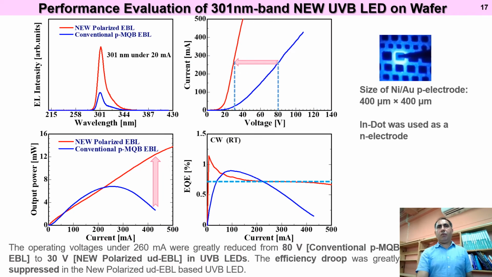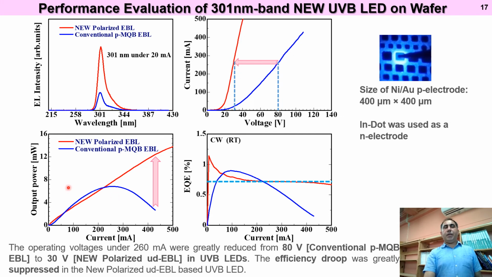Next, we fabricated the LED device on bare wafer, where we used an indium dot as an electrode and nickel gold as the p-electrode, with a size of 400 by 400 micrometer square, and the real device is shown here. The electroluminescence spectral intensity was enhanced again in the new polarized EBL case, and the operating voltage was reduced from 80 volts to 30 volts.